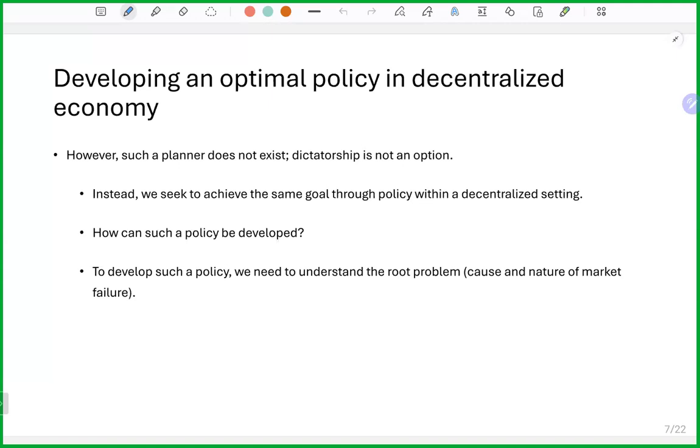The problem is that individuals don't incorporate the external cost into their private cost. You care about only your own cost, but not the cost that is borne by others. That's externality.